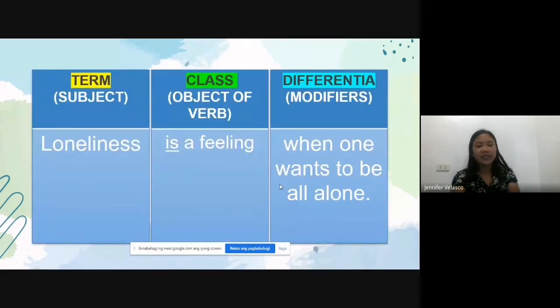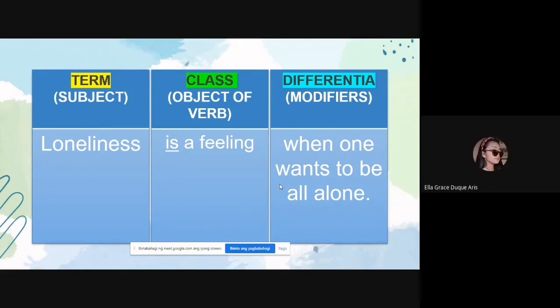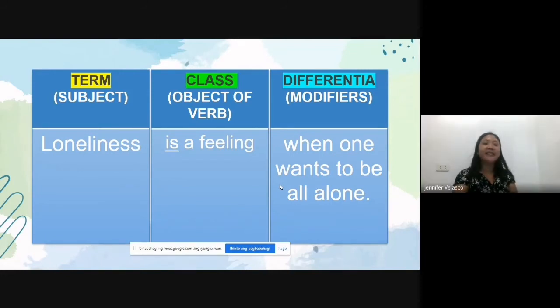I'm just trying to present that we use the verb is because the subject is singular or plural. Why did I use is? Is it singular or plural? Singular. Very good. Singular means one, from the word single. Because when you are single, you are just one.